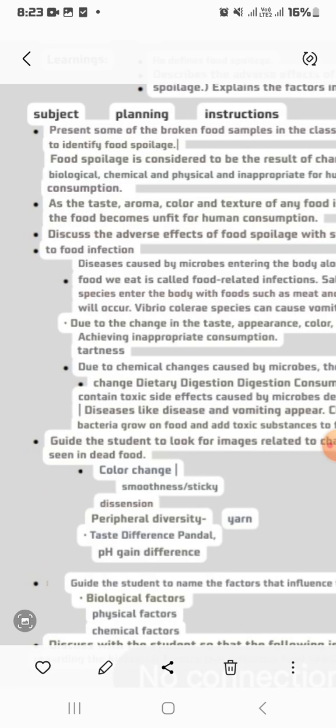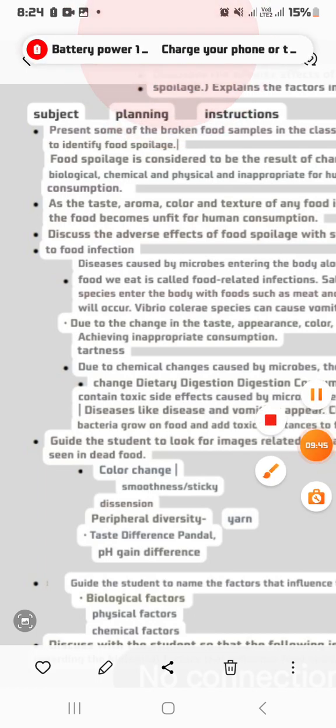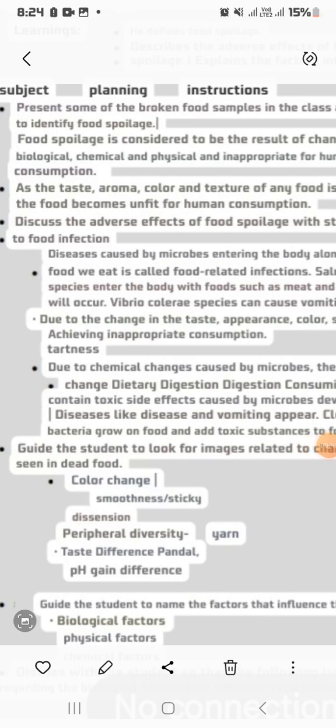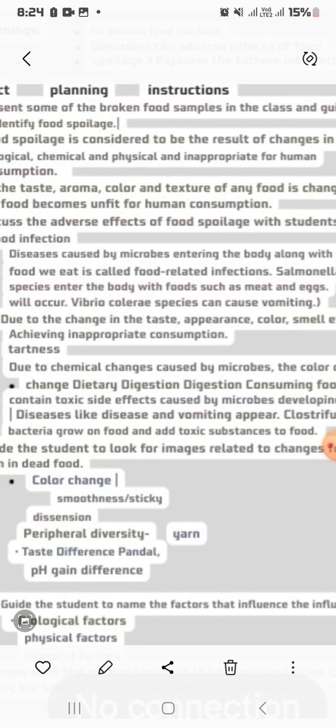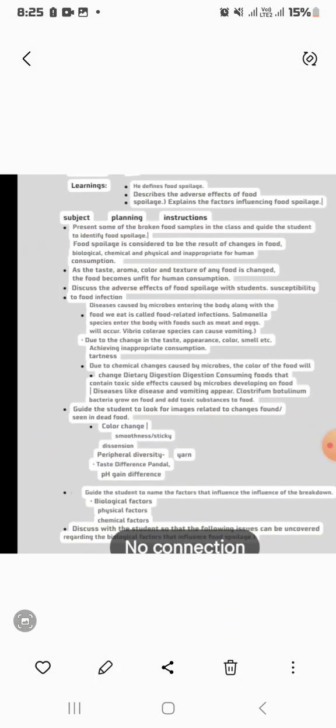So smoothness, stickiness, color change, odor change, texture change, appearance, as well as taste difference, and pH difference.